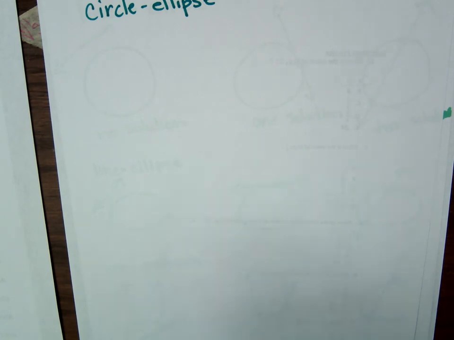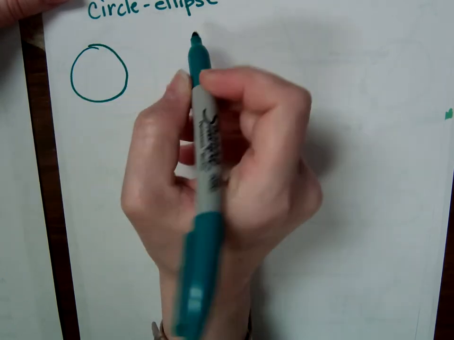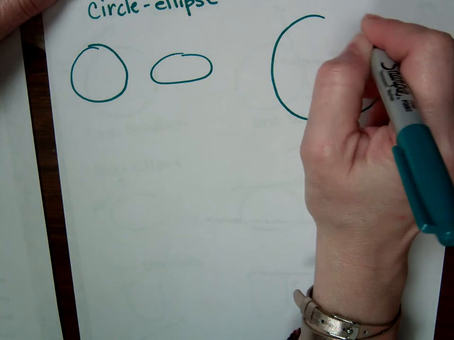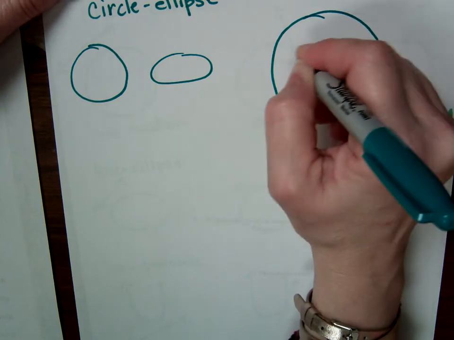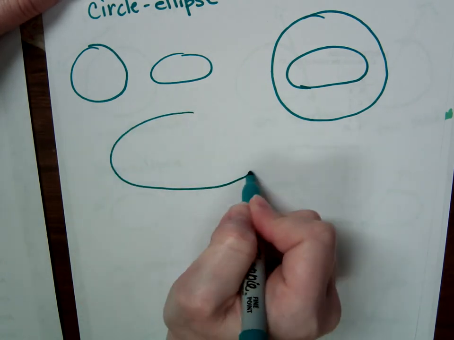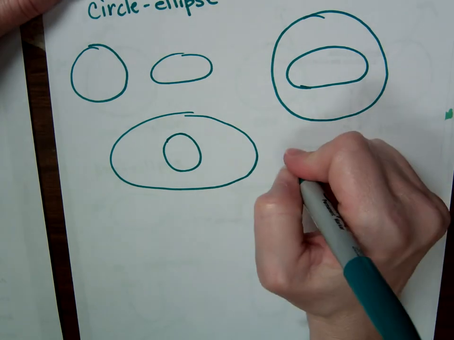Yeah, you can. And you actually can lots of different ways. Like they could just be side by side. Or you could have a circle so big that it has an ellipse inside of it. They don't actually touch. Kind of looks like an egg. Or the other way around. You could have an ellipse so big that it just has a circle inside of it. So you could have no solution.